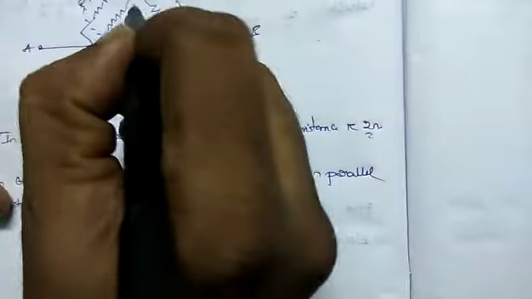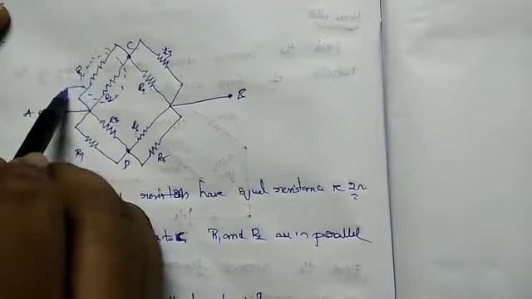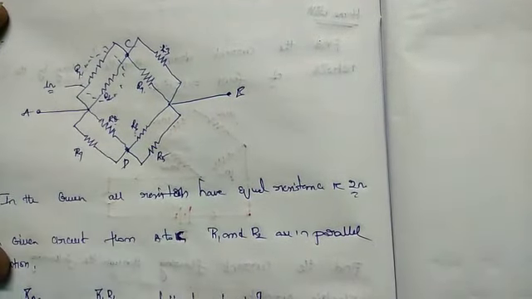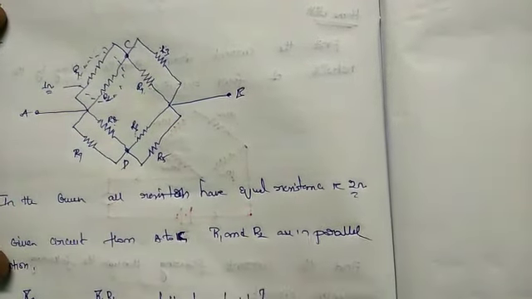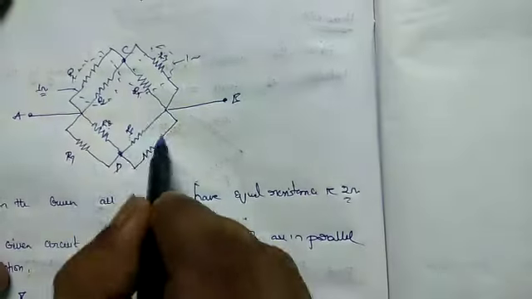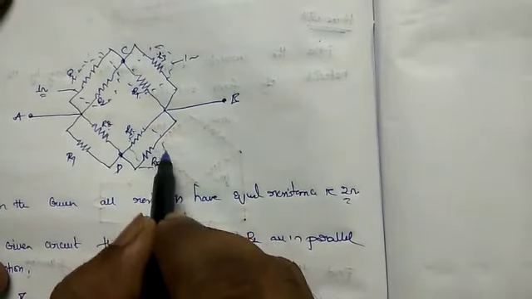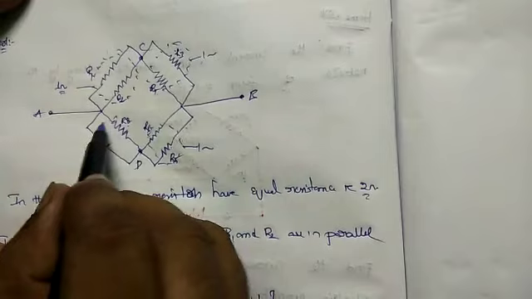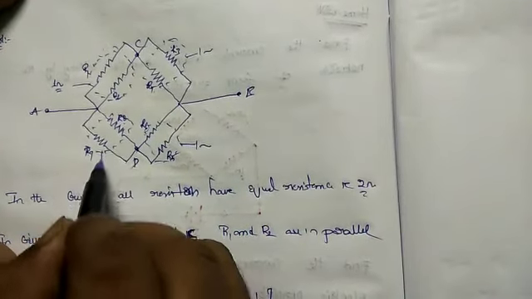So the total resistance of this is 1 ohm, because they are in parallel. Again this is also parallel and also 1 ohm, and again this is also parallel, so it is also 1 ohm.